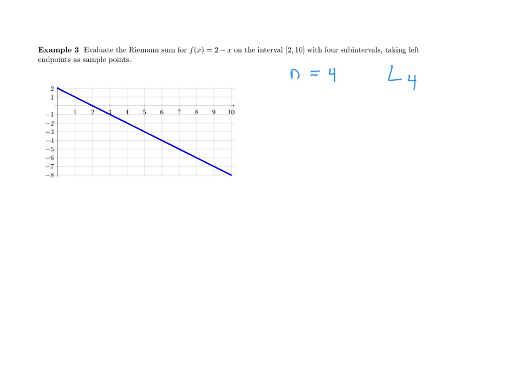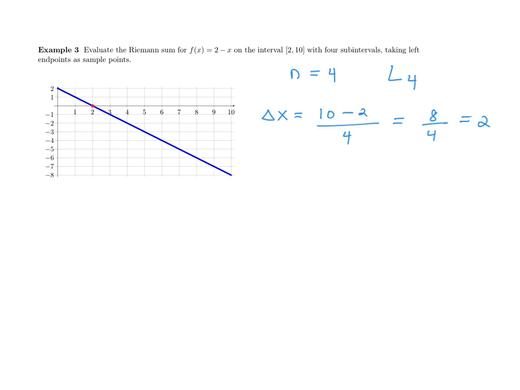First, we need to know delta x. That's the length of each subinterval. That's 10 minus 2 divided by the number of intervals that we have. So that is going to be 8 over 4, and that is 2. This makes sense.